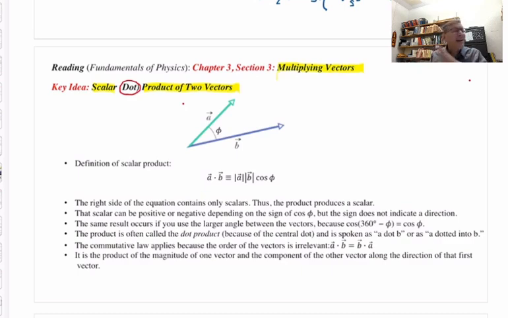They can represent any kind of vector quantities whatsoever, and they don't have to be the same type of vectors. A could be an acceleration and B could be a force. Or A could be a velocity and B could be a force. Or A could be a displacement and B could be a force. Or A could be a velocity and B could be a displacement.